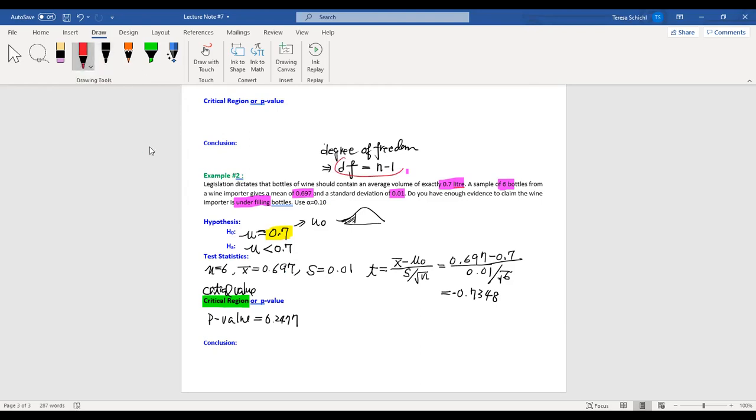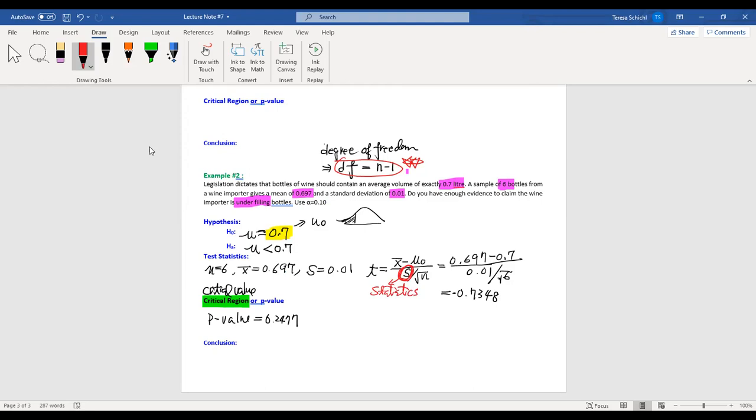In the t-distribution, the degrees of freedom is n-1. The reason is that we use one extra statistic, so that's why we lose 1 degree of freedom.